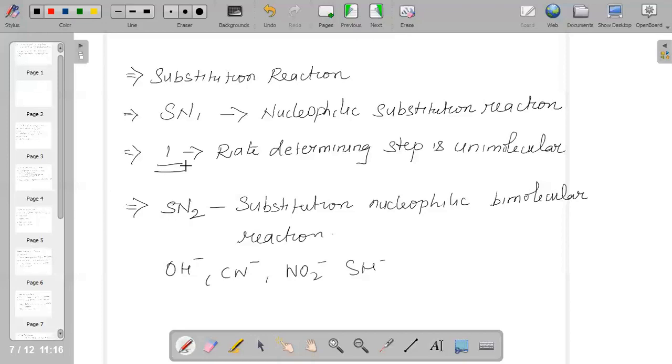The solvent in which the nucleophilic substitution reaction is carried out will also influence whether it will be SN1 or SN2. It is a well-known fact that SN1 and SN2 is the most important part of this chapter.